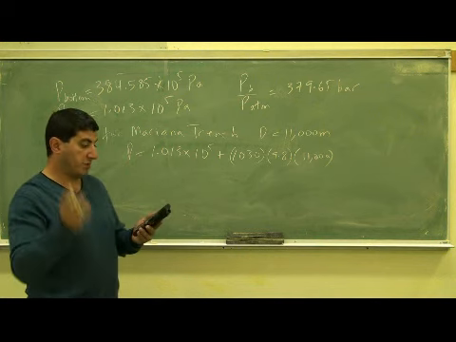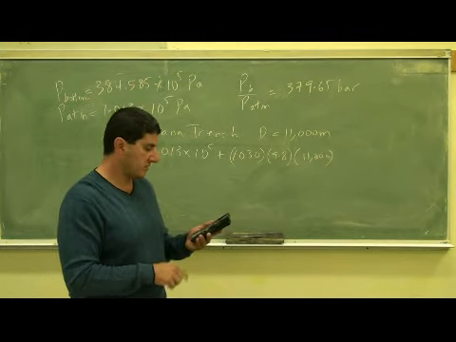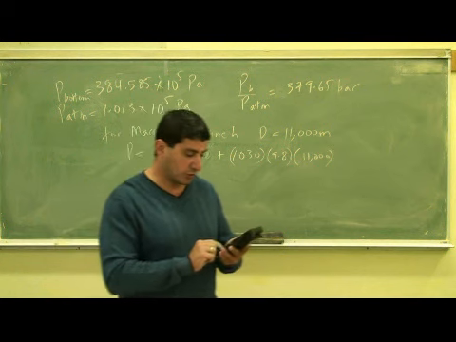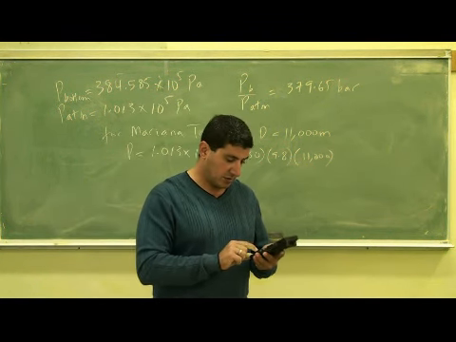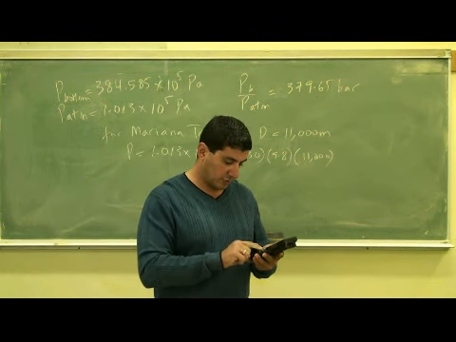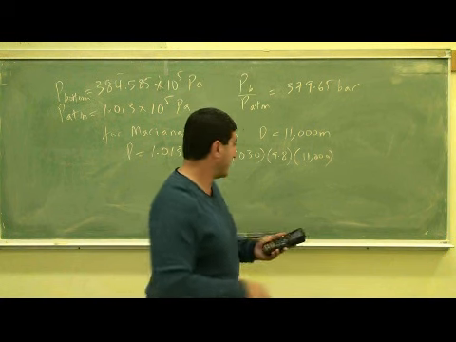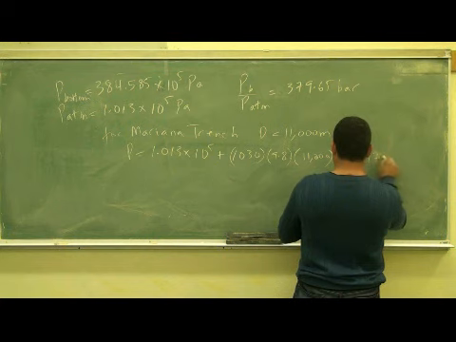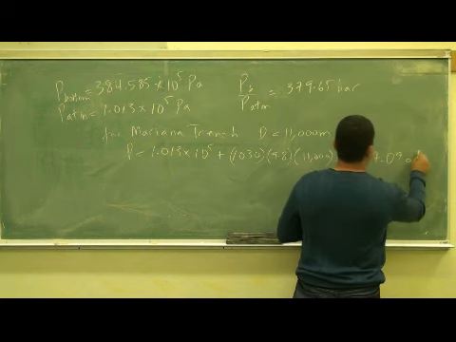I get this big huge number, and then if I divide that by the pressure of the atmosphere, 1.013 times 10 to the 5th, I get 1,097.09 atmospheres.